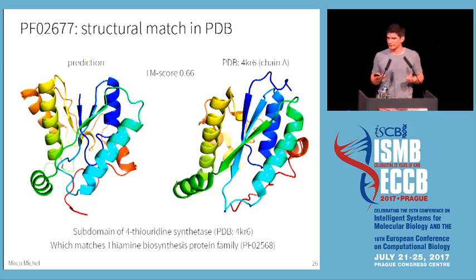This could indicate that this domain of unknown function either could belong to that family or maybe to the same clan of this family. So at least it gives some hints of what this domain could do.